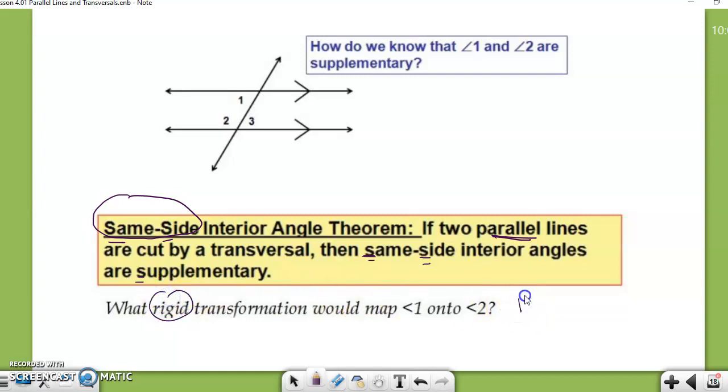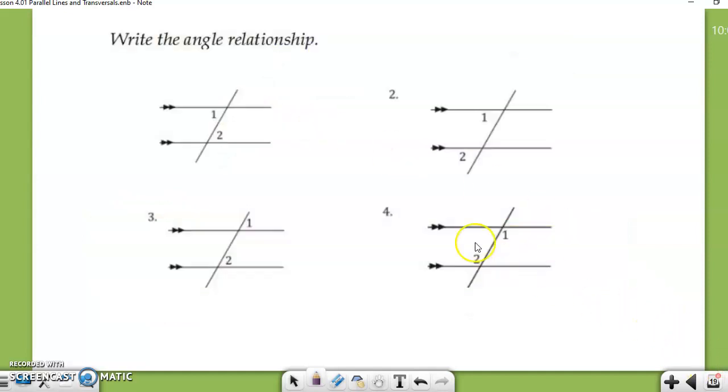You would have to have a dilation. They are not congruent. And how do we know angle 1 and angle 2 are supplementary? Well, angle 1 is congruent to angle 3, and angle 2 and 3 are a linear pair. So I could substitute angle 1 for angle 3, knowing that now angle 2 and 1 are supplementary.